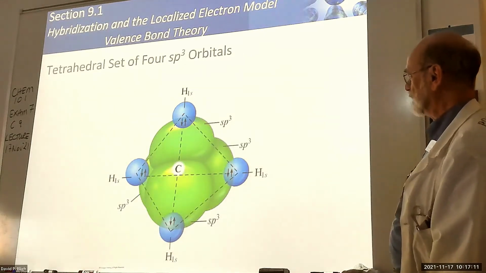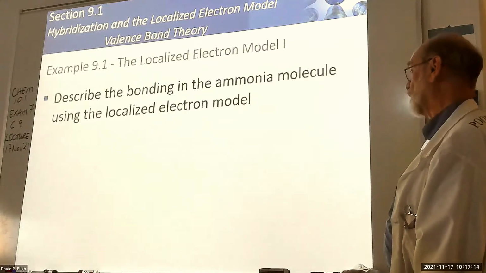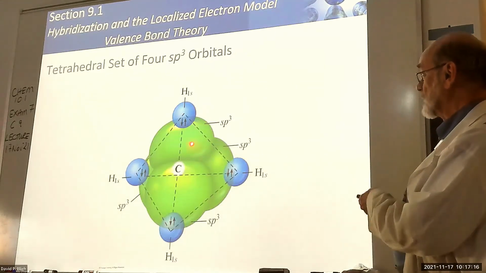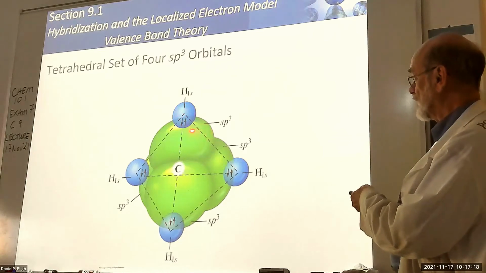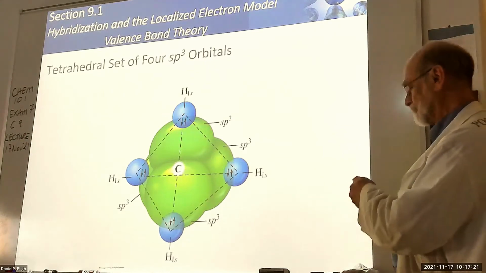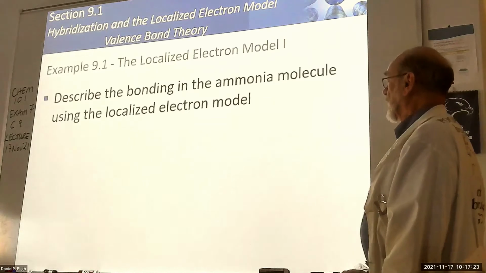It's just a bigger view of it. So you get this 1s orbital overlapping with an sp3 orbital, and you get the bond.